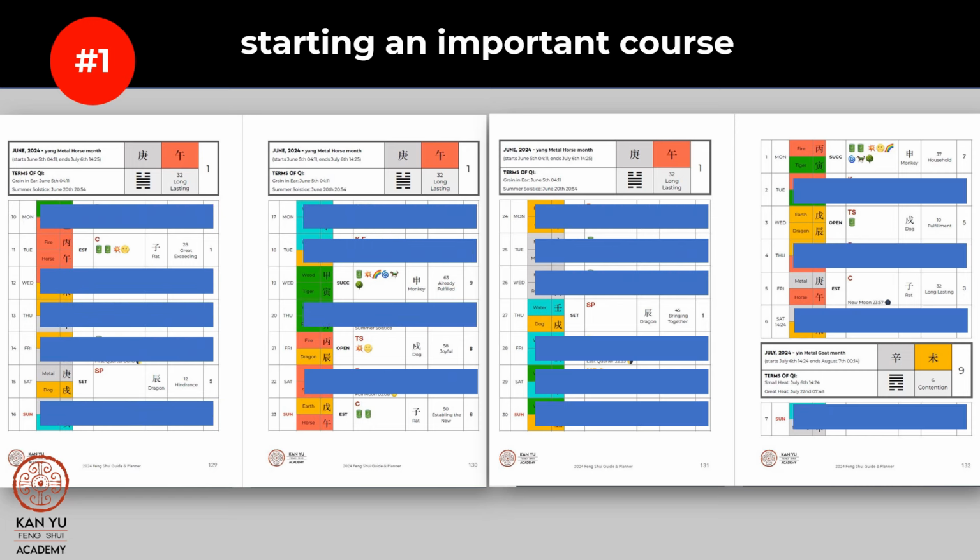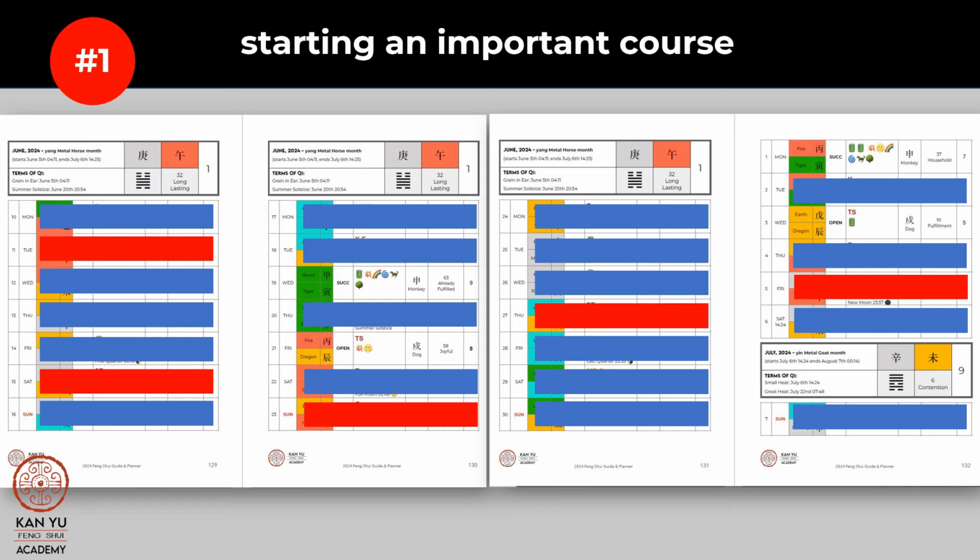Since it is an important activity that will influence your career growth in the coming years, we also want to avoid dates that contain the annual Sha and other negative aspects. Finally, since the course will last about a month, we also discard the dates that contain monthly Sha and other negative aspects relating to the month, but in this case there are none.